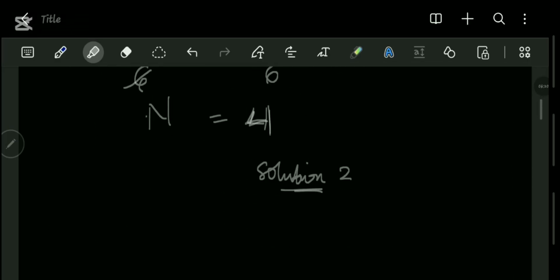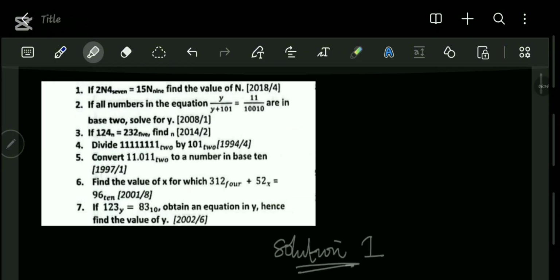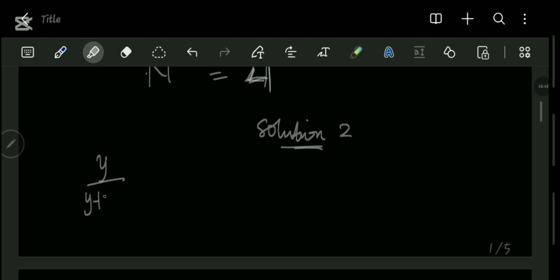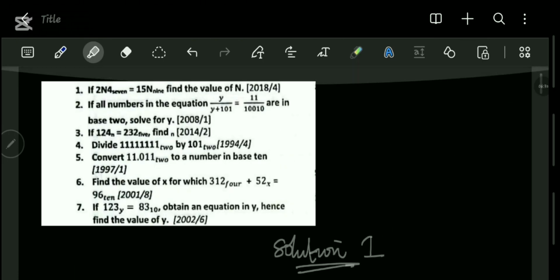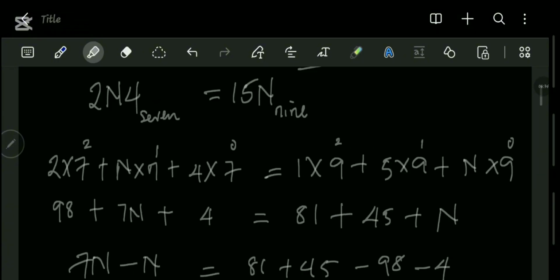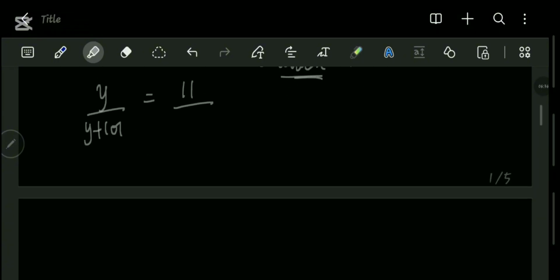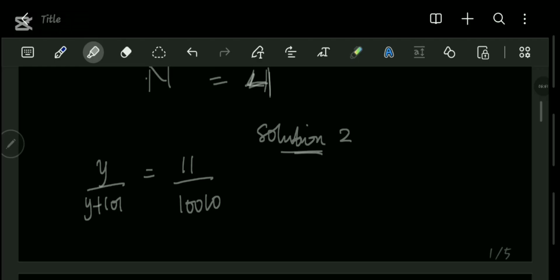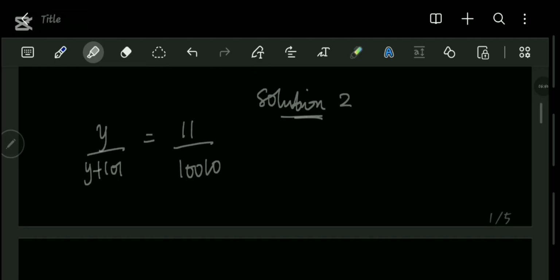So the question itself says that y all over y plus 101 is equal to 11 all over 10010, and they told us that all of these digits are in base 2, right? Which means our answer as well is going to be a number in base 2.